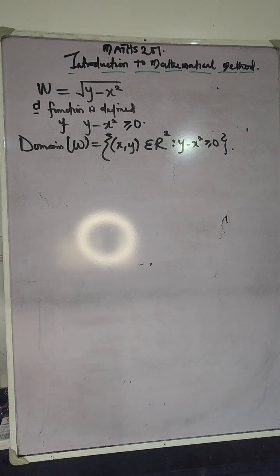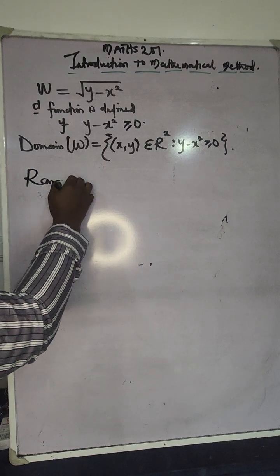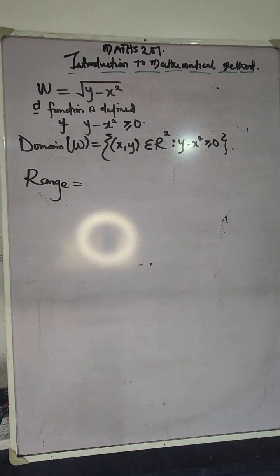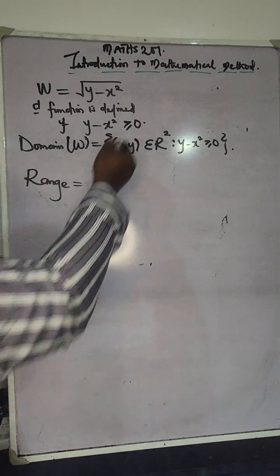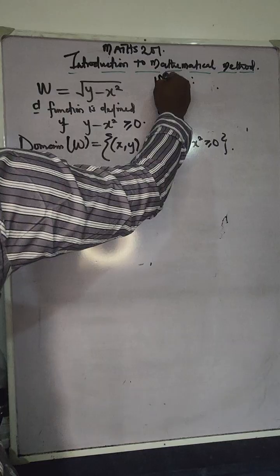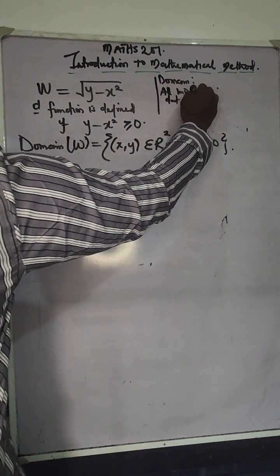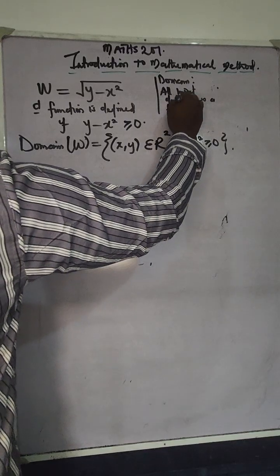And so from here we ask ourselves, what is the range? To get the range, you must notice the smallest value that W can produce. So domain is input. Domain: all inputs that make a function defined.